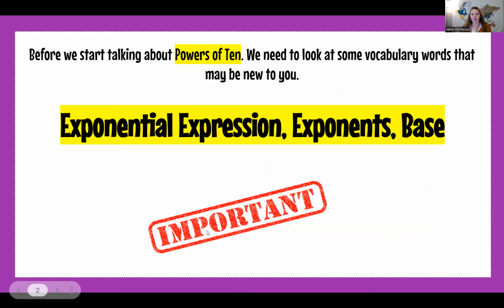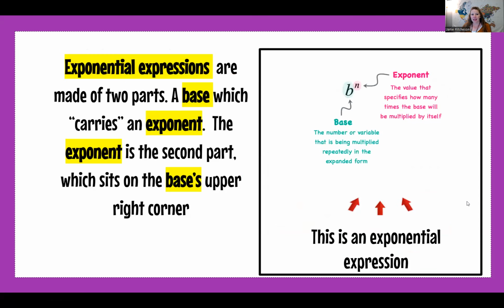Before we start talking about powers of 10, we need to look at some vocabulary words. Three vocabulary terms that may be new to you are exponential expression, exponent, and base. An exponential expression is made of 2 parts. Right here, this is an exponential expression. The big number is called the base, raised to an exponent.